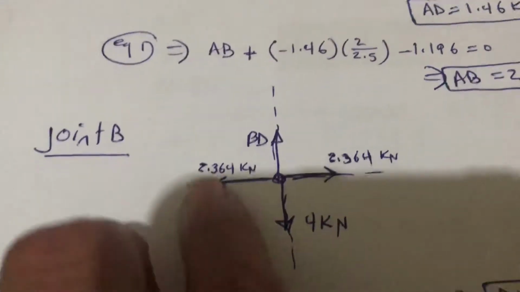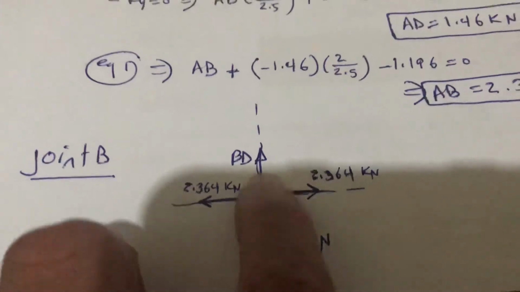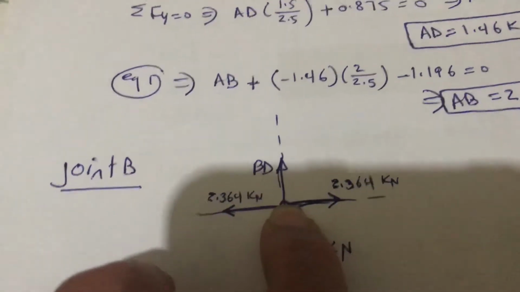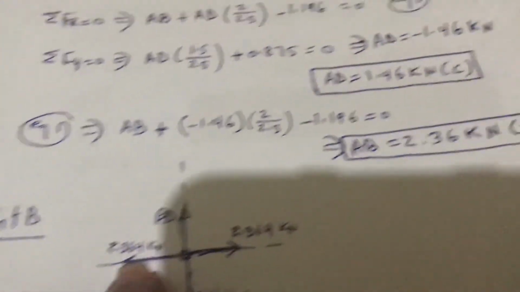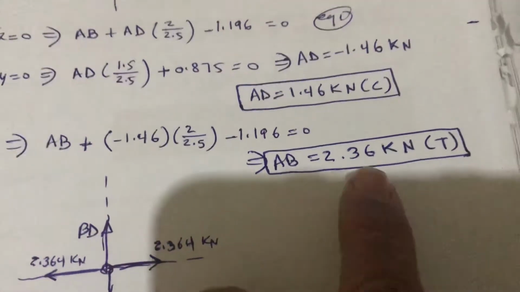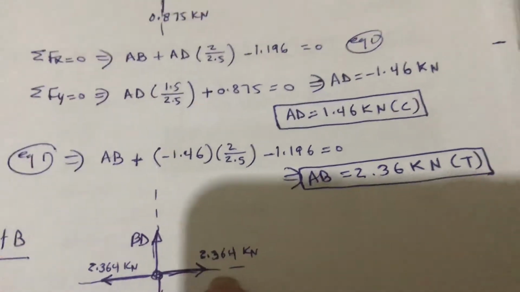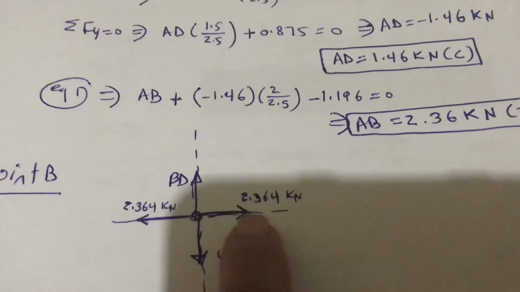Let's take the last joint, joint B. There's BD, which we want to find right now. There's BA, which is AB, 2.364, and it's tension. So assume it's tension. And we also have BC from the previous one, 2.364, tension.